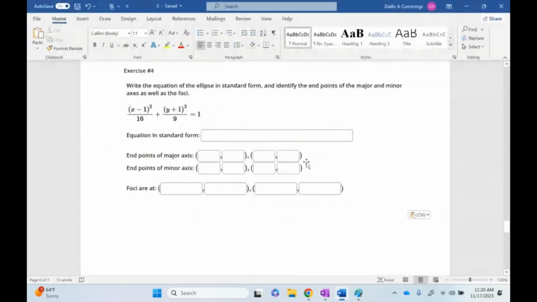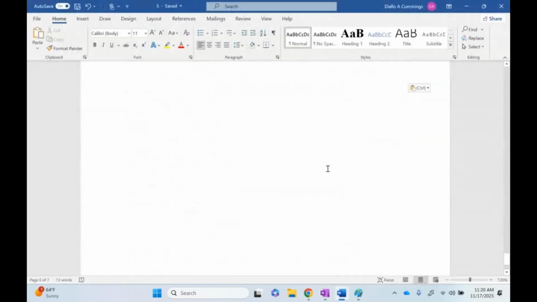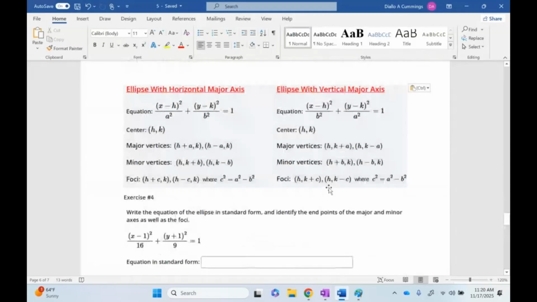However, if you look further down on the notes, I believe it's the next to the last page, you do see these formulas, and these are the formulas for ellipses that are not at the center. So sort of like what we did last time, we're going to look at the most basic formulas for conics at the center, and then we're going to move up to the more advanced formulas.